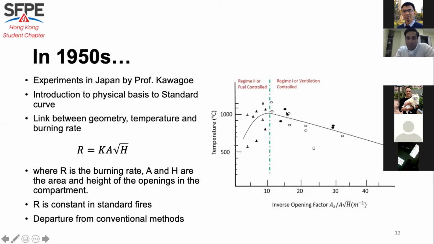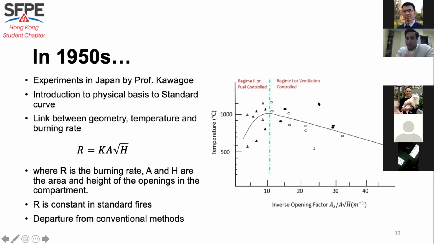If you see, this R will always be constant when you use the standard fire, but here you can see how much it is changing. So let's give some time to understand this curve, which is very important even now. The x-axis shows the inverse opening factor, meaning this A root H is in the denominator. So here the opening size is decreasing, meaning your ventilation size is decreasing in this direction.